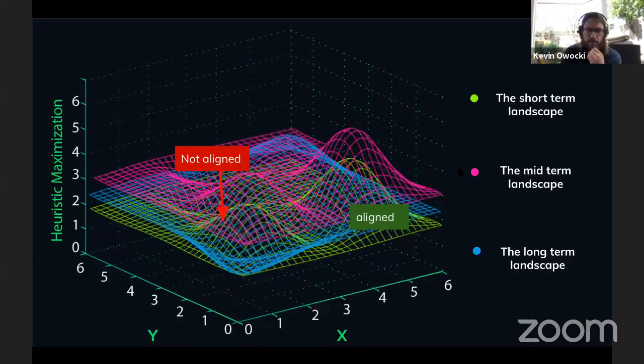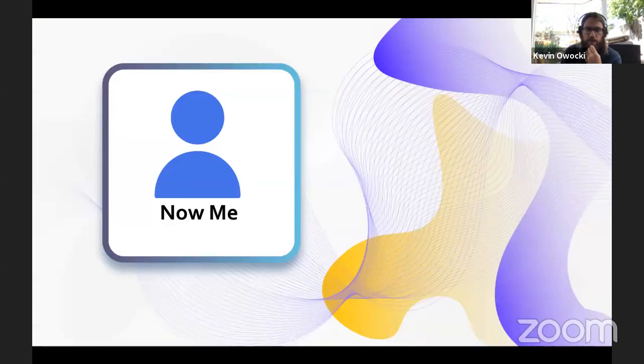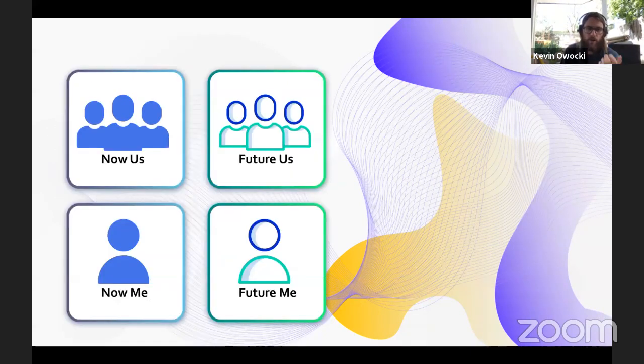And so what I view with what we're doing with developer jobs is trying to slightly augment the incentive gradients of the world. One of the things that I think is a really interesting way to splice this is with this idea called bentoism. Instead of just optimizing for a world in which you're producing returns for you right now, what if we expanded our horizon into bentoism, which is basically, instead of just optimizing for now me, what if we optimize for now us and future me and future us?